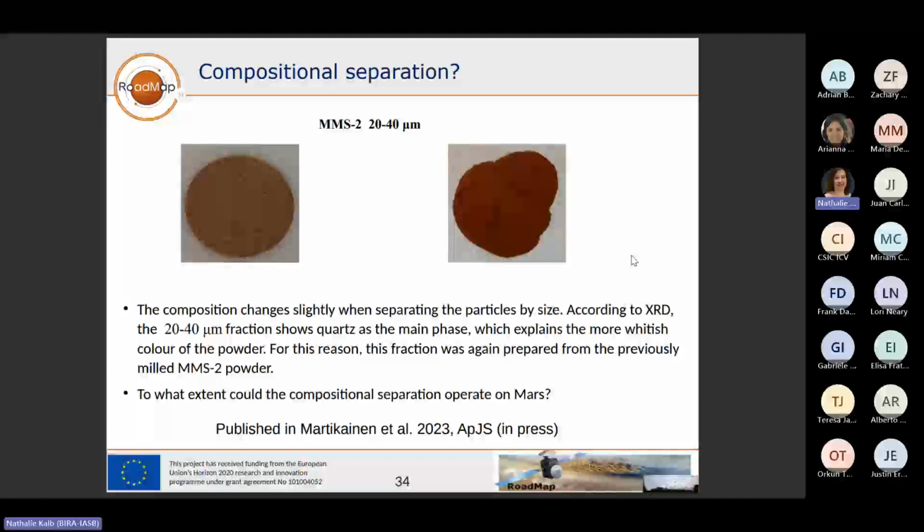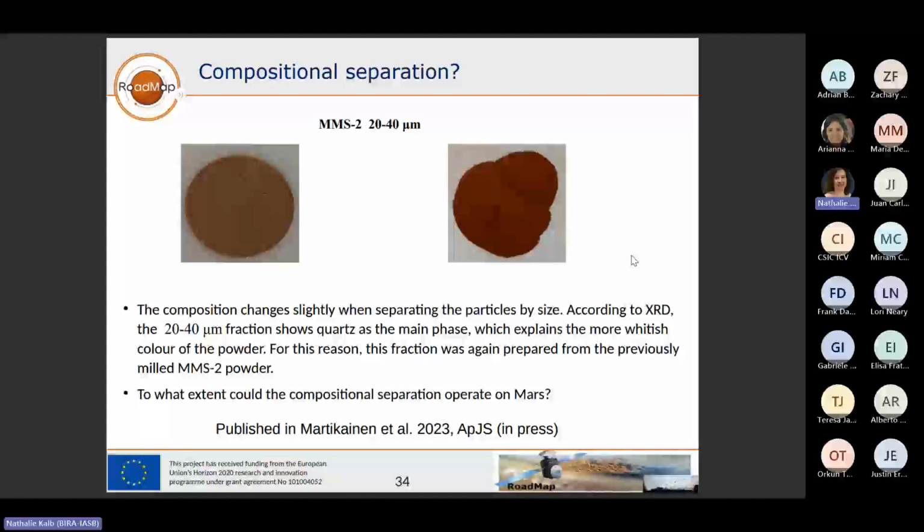The first batch didn't actually work out well because it became very light and the color looked very different from the other size distributions of the same sample. So it looked like the composition was completely different or partly different. And so they had to do the process again to retrieve the small particle size distribution, and this time the color was more consistent with the rest of the size distributions, and this is what we used.